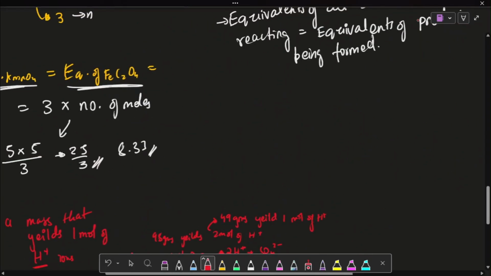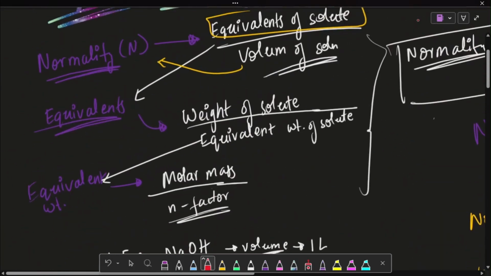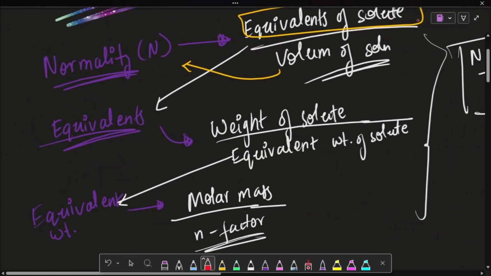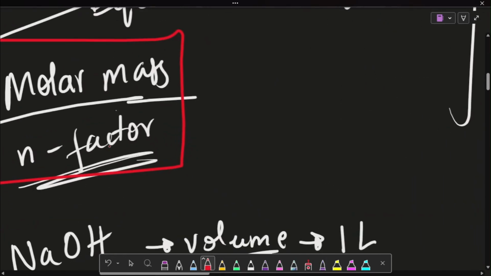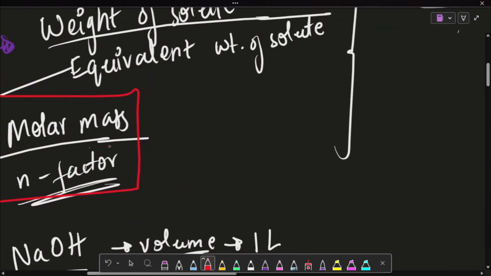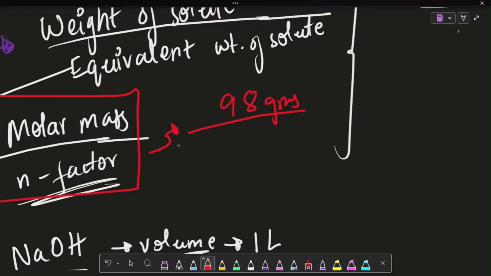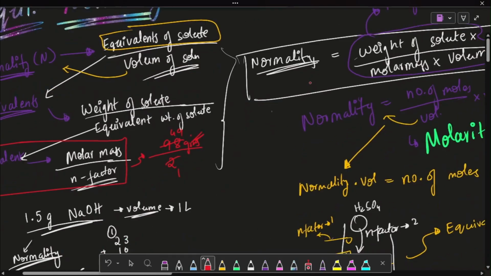So going back to here, that was nothing but the equivalent weight. After understanding the analogy, if you were to again do this, molar mass was 98 grams and the n factor was 2, that will give you 49. And that's the same thing we saw right there.